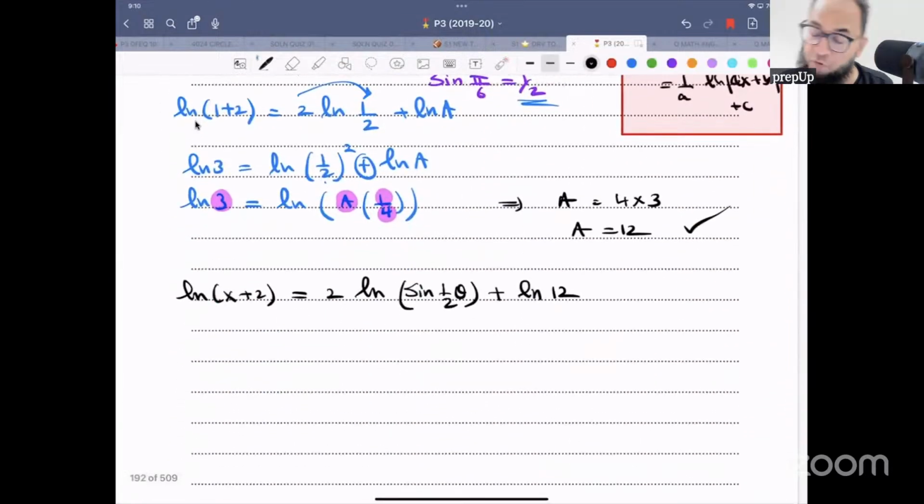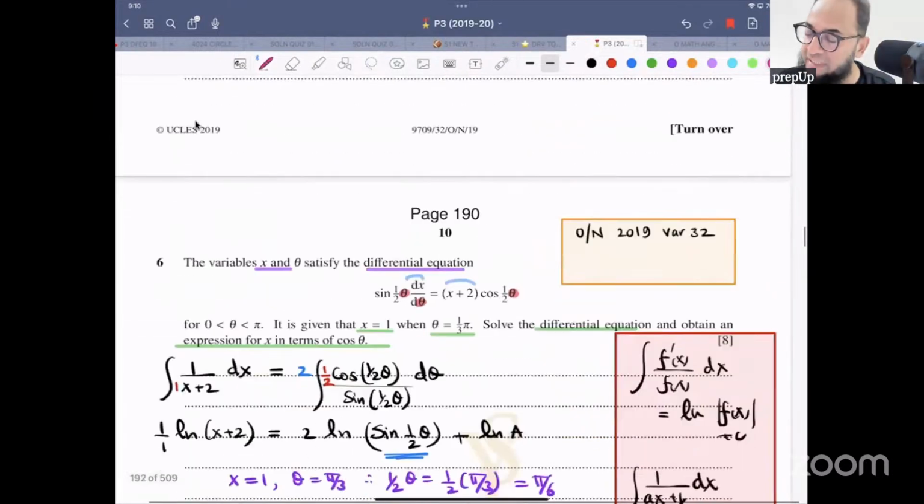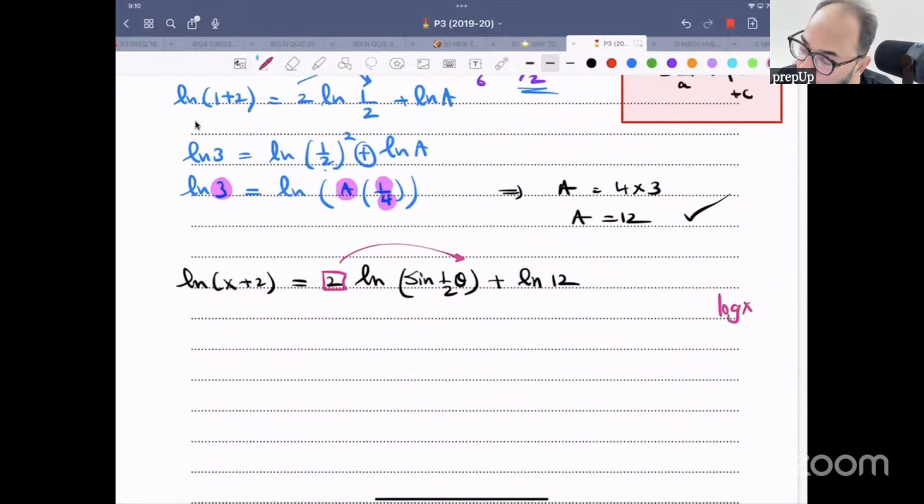Now comes the real part. If I make this the rule according to the rules that were given over there, log x power m base a, that is m log x base a. So therefore, let me simplify this. This is ln x plus 2.